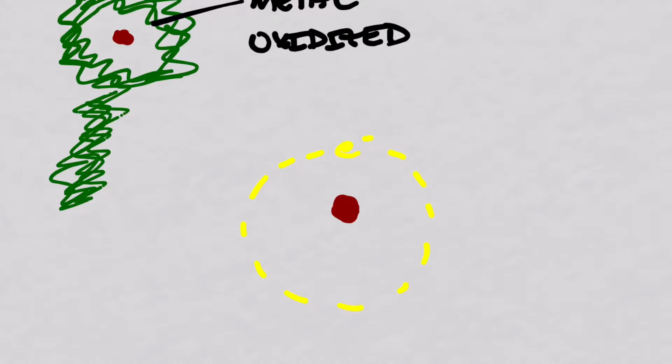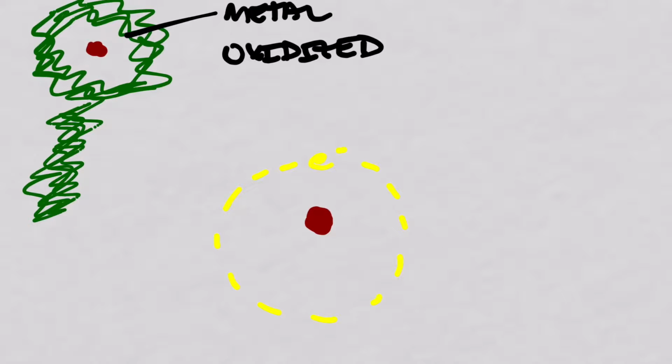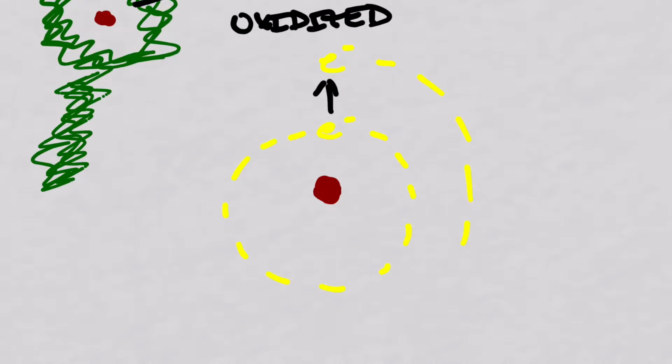So electrons occupy orbitals, and they can actually be bumped up from one orbital to another, higher energy orbital, if they are hit by a photon of light. They'll absorb that photon and then bump up a new energy level.